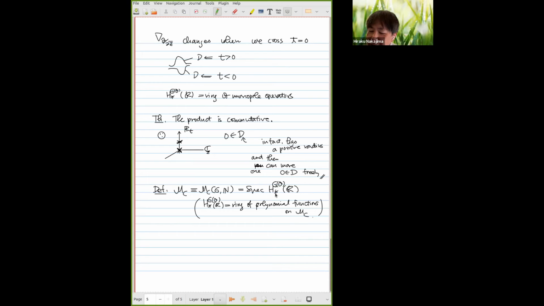But in this particular case, you can show that this commutative ring has nice properties such as finite generation and irreducibility. Finally, M_C is the usual irreducible algebraic variety. Okay, any questions?